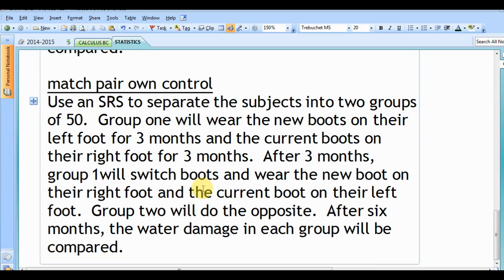On the AP test, will they take off points if you didn't use the match pair own control that they prefer, or as long as you have one experiment that you use? If you have an experimental design that is well written and makes sense for the experiment. But I think I remember there was a problem where if you didn't use a block design, they took off points.